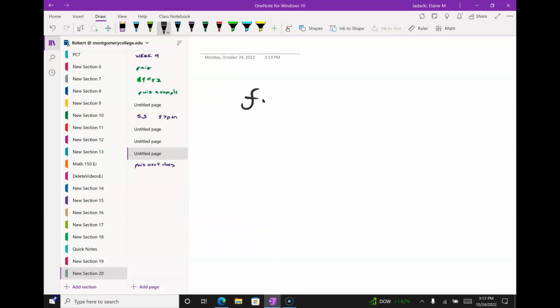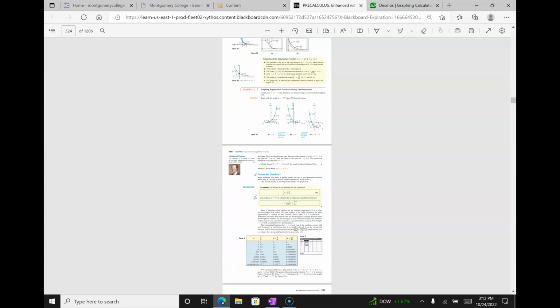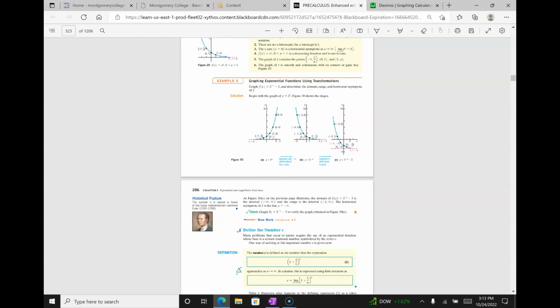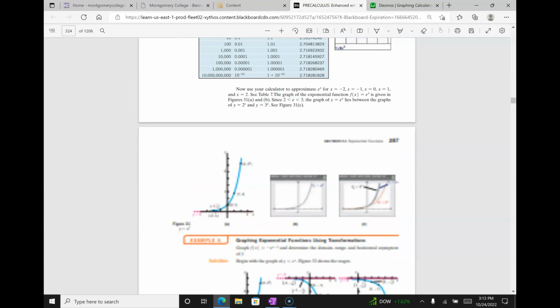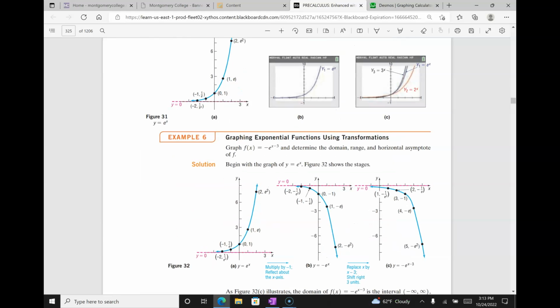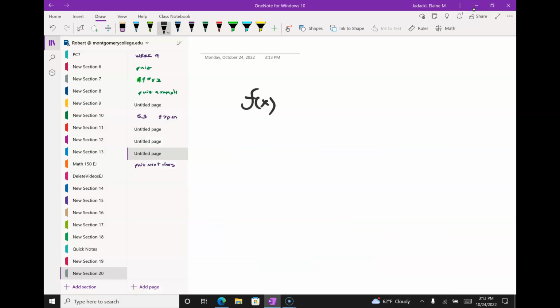I had f of x equals negative e to the x minus 3. So they're going to ask me a bunch of questions. Of course, I want to look at the graph on Desmos, okay?